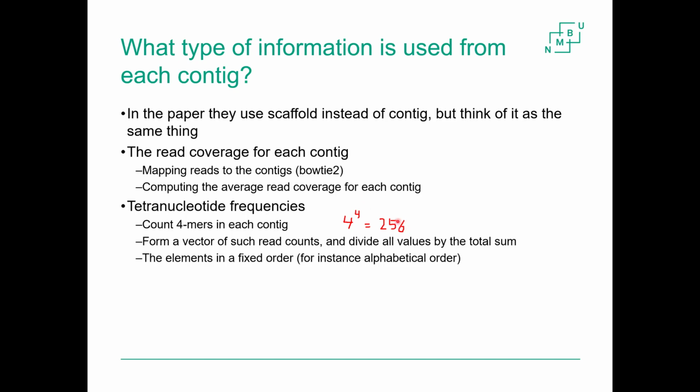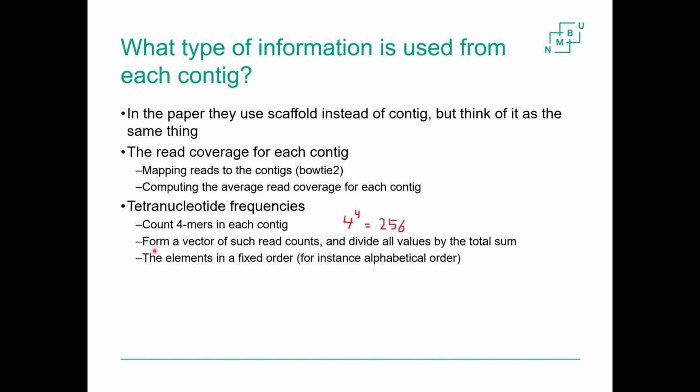It's not the half, because since k is an even number, you have these palindrome sequences that make it a little bit fiddly. So personally, I think I would have chosen 5-mers simply for that reason.